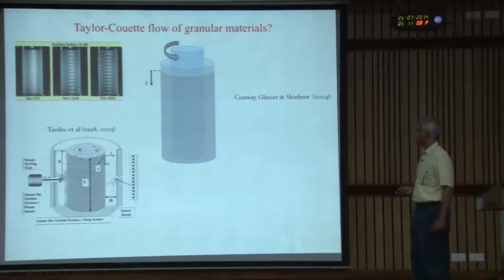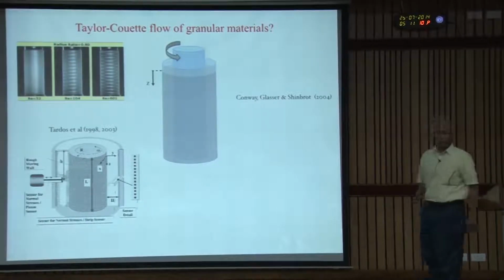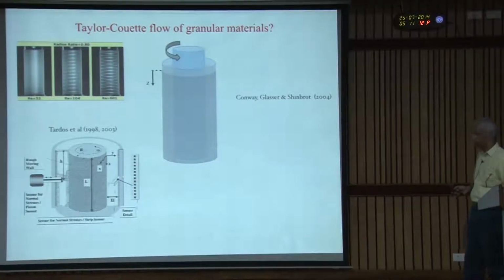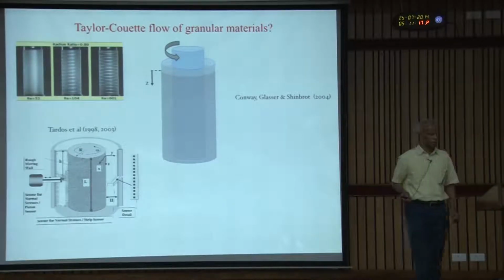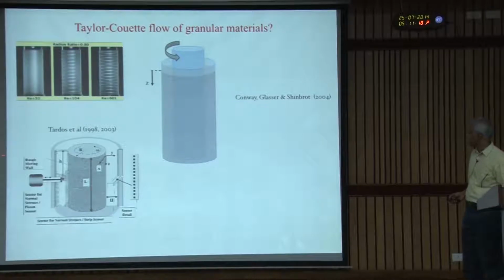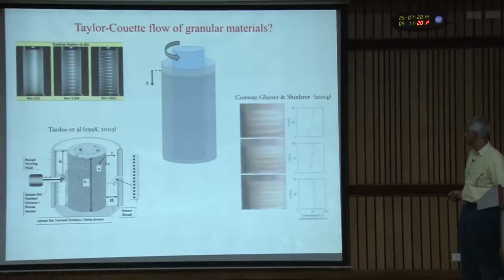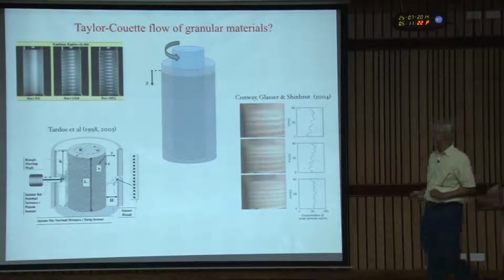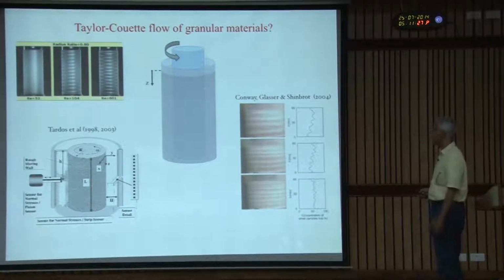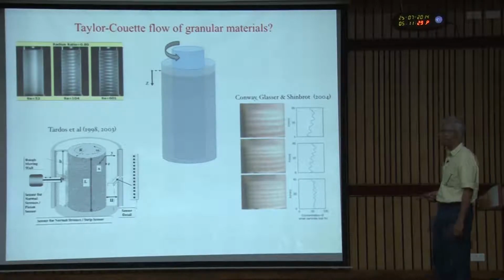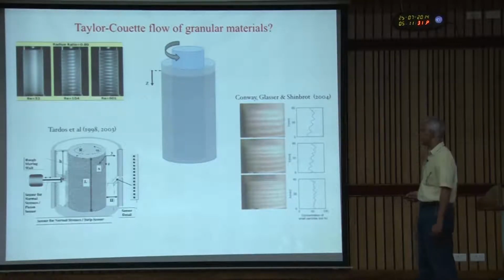And well, I wasn't the first to think of this. I'll come to why this is a sensible thing to do in a slide, but there have been at least two other studies that have used a Couette device to study what kind of measurements one can make if you have a granular material in there.